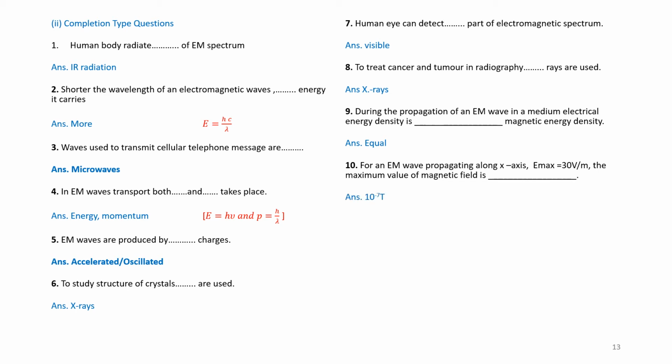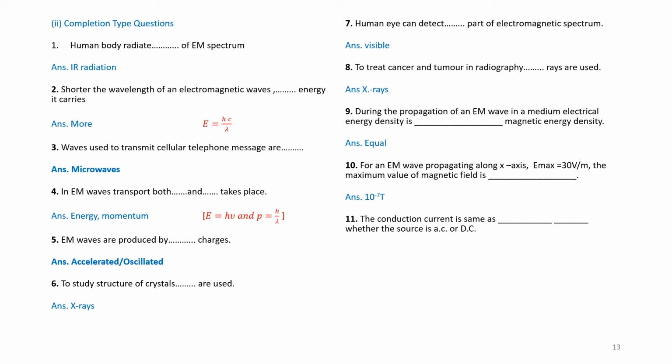For electromagnetic wave propagation along the x-axis, E maximum is equal to 30 volts per meter. The maximum value of the magnetic field is, we have to use calculation: C is equal to E naught by B naught, where we put the value of E as 30, find B, and C as 3 into 10 to the power of 8 meters per second.